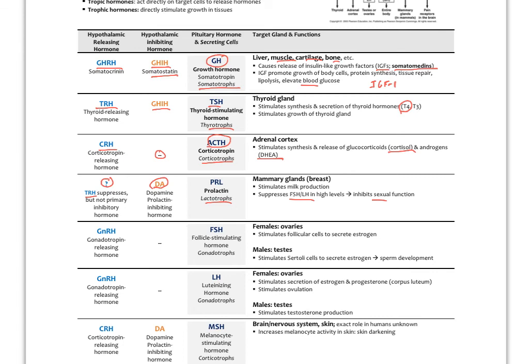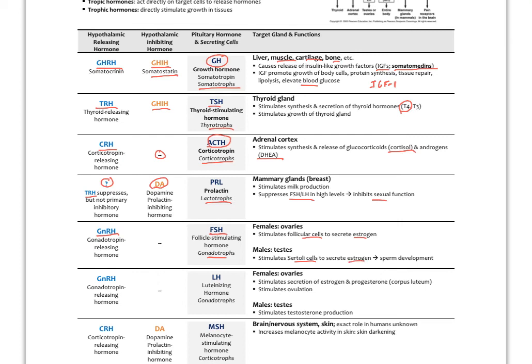So that's prolactin. The next one is FSH, follicle stimulating hormone, released by gonadotrophs in response to slow pulses of GnRH from the PVN in the hypothalamus. So GnRH is the releasing hormone for FSH, and FSH is going to work in females on the ovaries to stimulate follicular development and secretion of estrogen, and in males it's going to work on the Sertoli cells in the testes to secrete estrogen, and that's going to be important for sperm development.